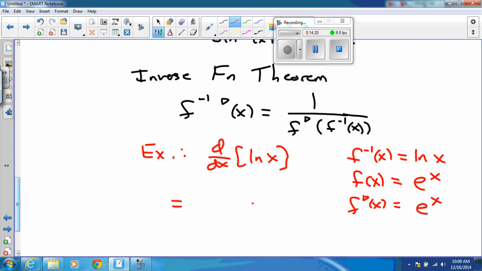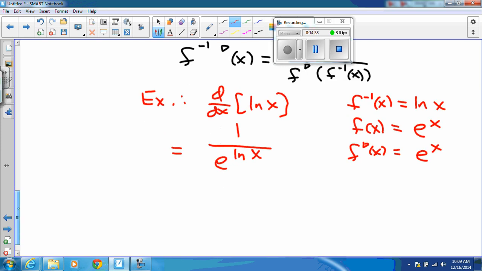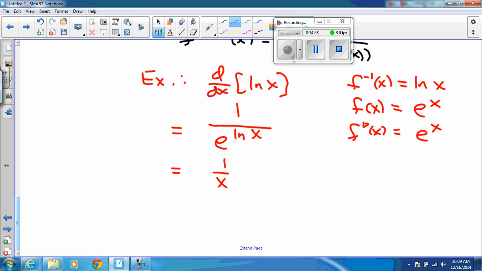And so, using the form of the inverse function theorem, the derivative of f inverse should be 1 over f prime of f inverse, or 1 over e to the ln x. That simplifies because e to the ln x cancels, giving me 1 over x, which is exactly the derivative of natural log that we know. So this is a good analytic example of how to use the inverse function theorem.